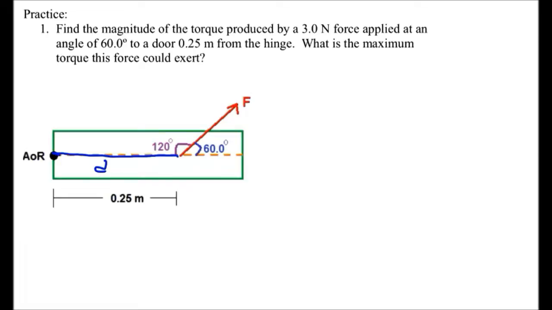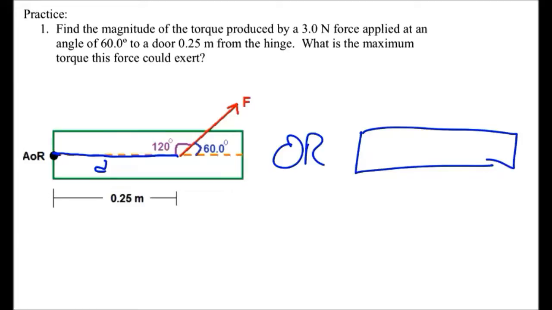Now, there's actually 2 ways that you could have drawn the picture described by the problem setup, okay? We could have had a door that looks like this if we want to. That picture also satisfies all the requirements from the problem, okay?